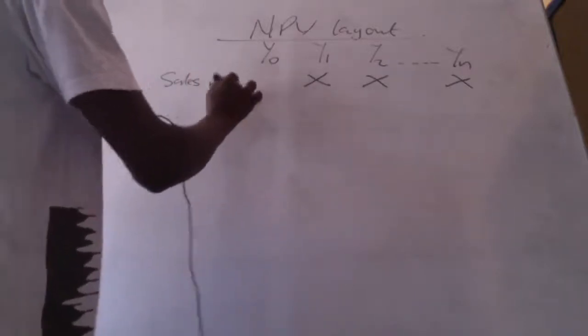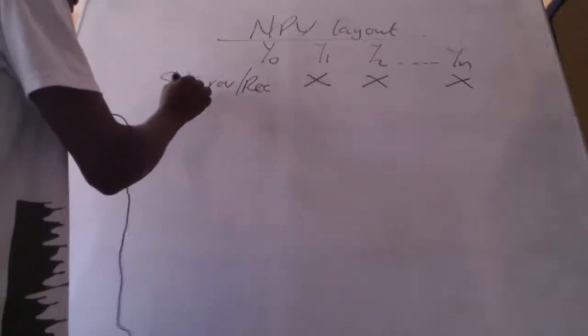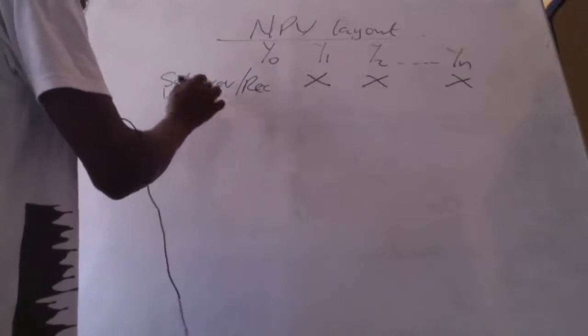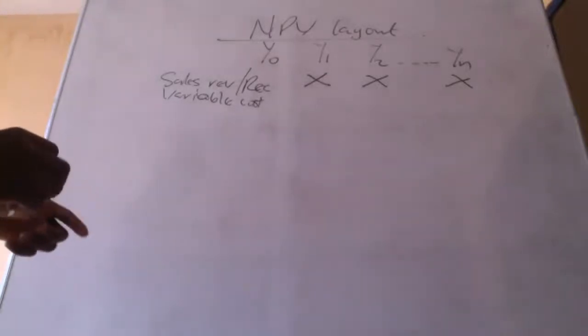Let me write it big here so that you can see it clearly. So sales revenue or the receipts. Good. Variable costs. Good. Now this variable cost, we did that under the cost classification.